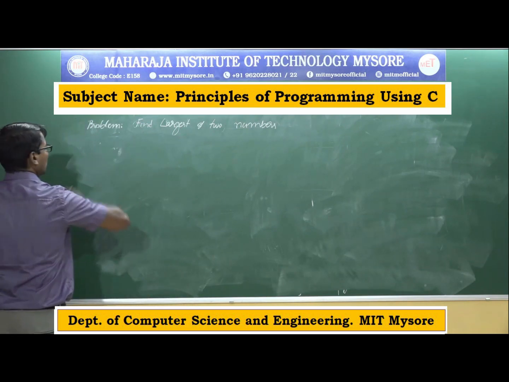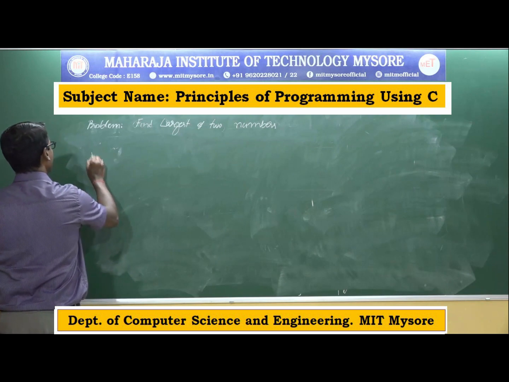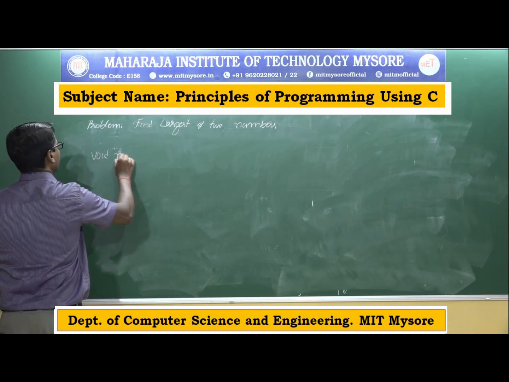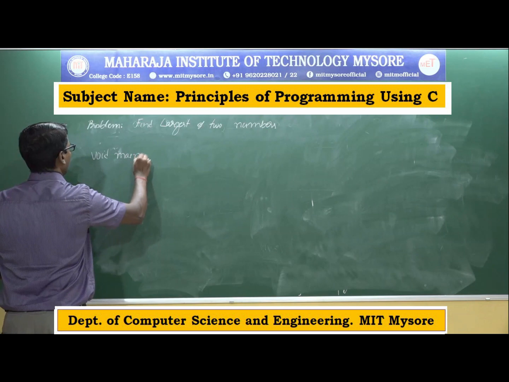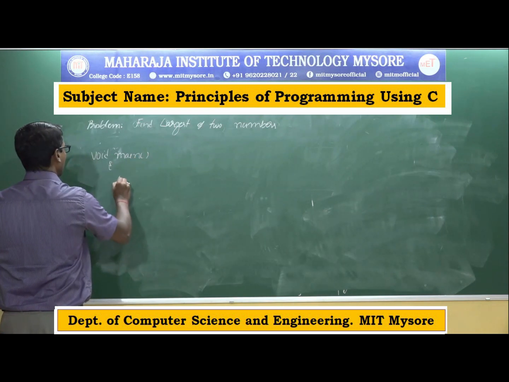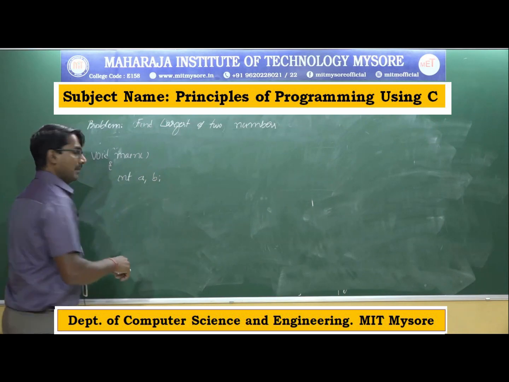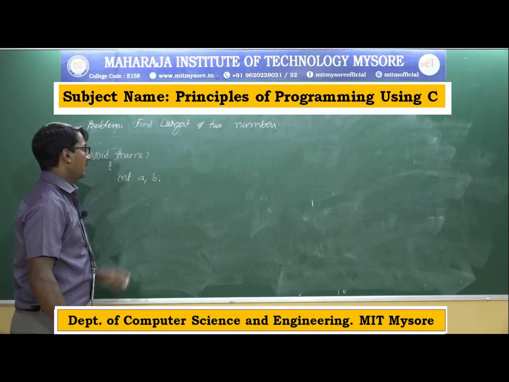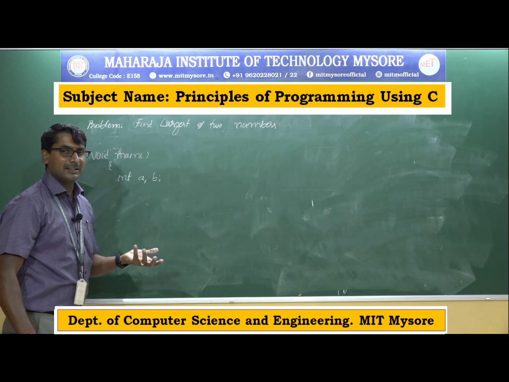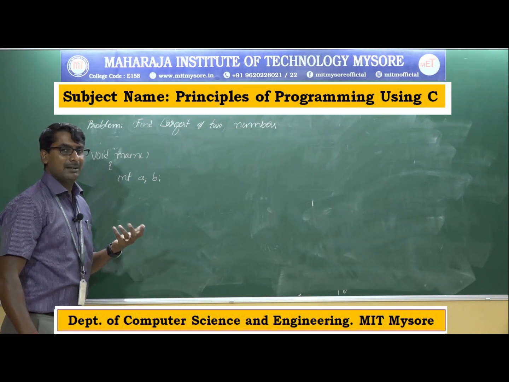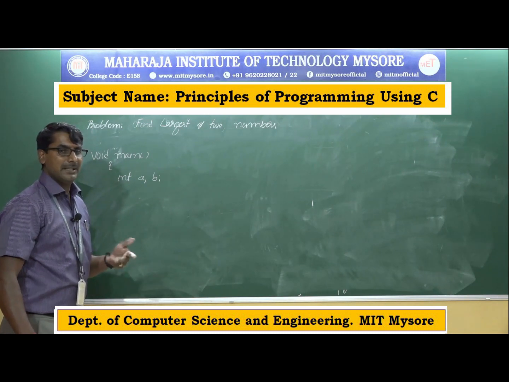So in order to find the largest of two numbers, we need two inputs, input A and B. Output is a statement displaying A is great or B is great.